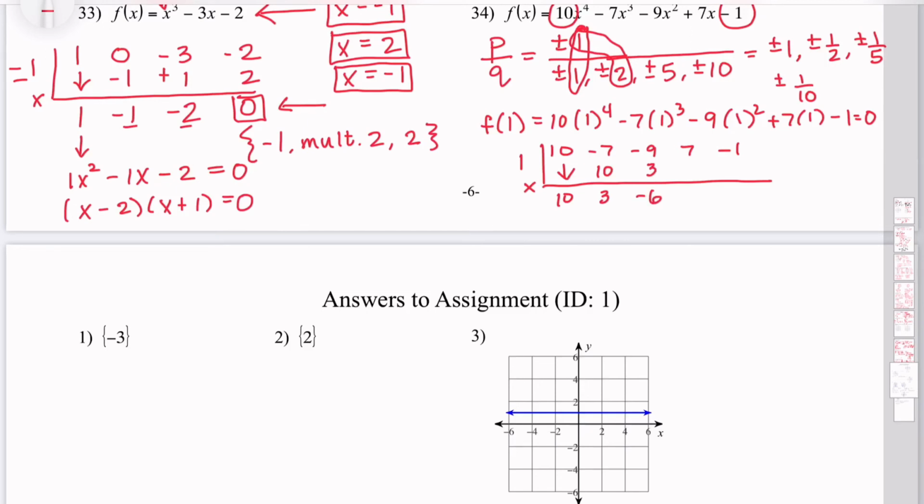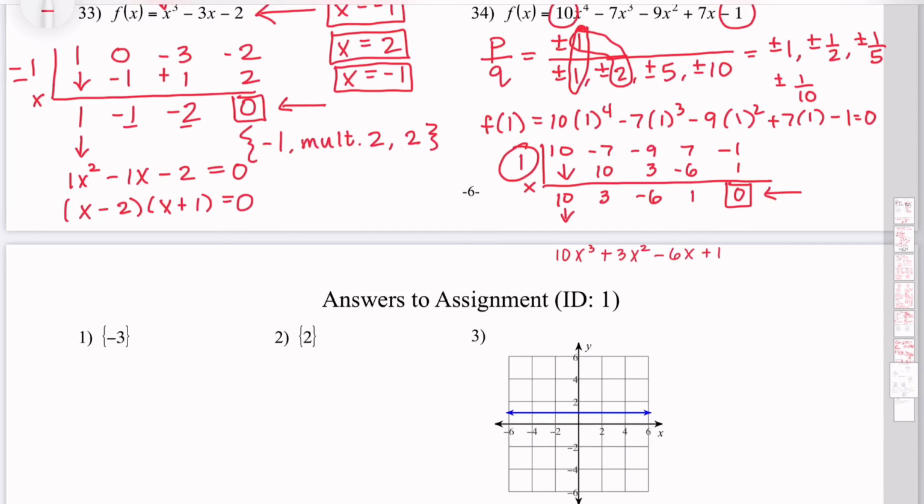Negative 6 times 1 is negative 6. We add, we get 1. And 1 times 1 is 1. And we get 0. We did get 0, which is perfect. This 10 represents 10x cubed plus 3x squared minus 6x plus 1. Now we got to factor this part out.